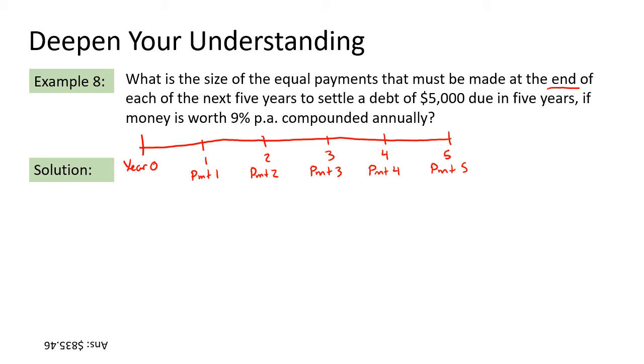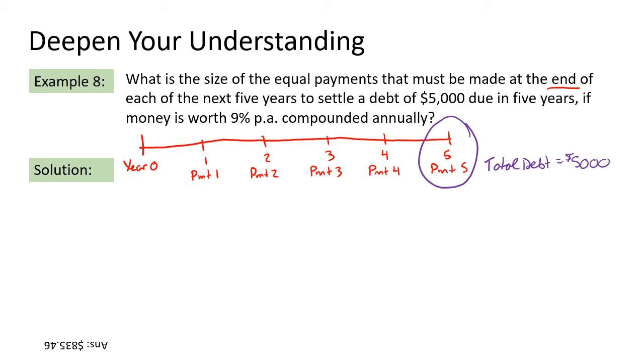All right, and it has to equal the $5,000 that's due 5 years from now. So that means our focal date is at year number 5, right? Because we know that our total debt is equal to $5,000 at this point in time.